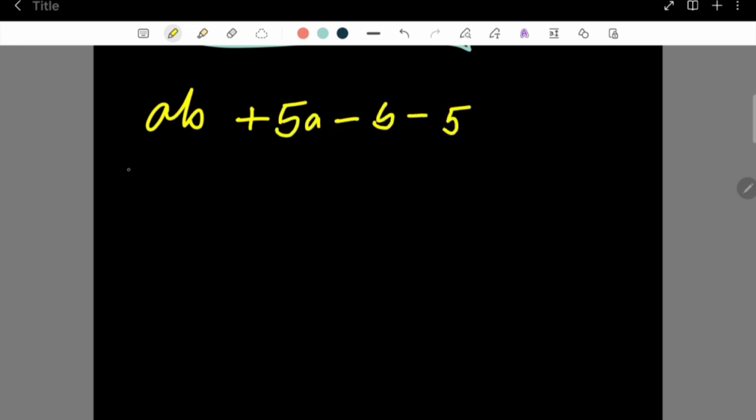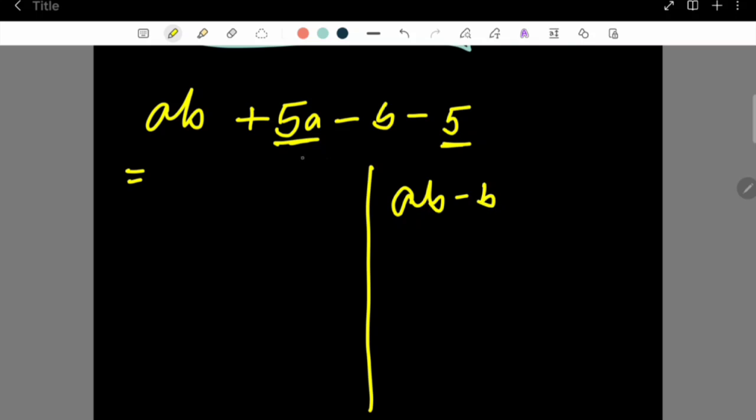Now check, you can do it in two ways. Here 5a is there, here 5 is there, so I can arrange them and put the related terms beside each other like this: ab minus b and here plus 5a minus 5.